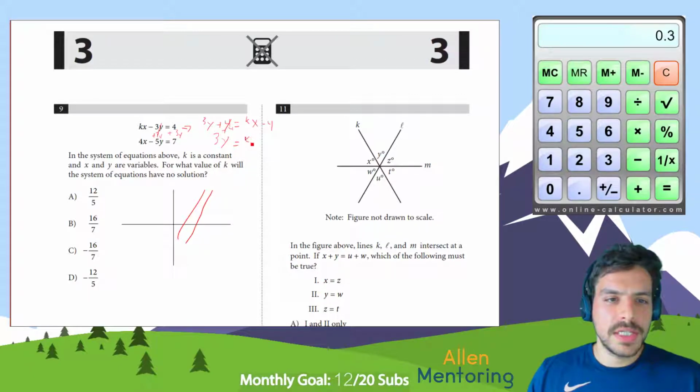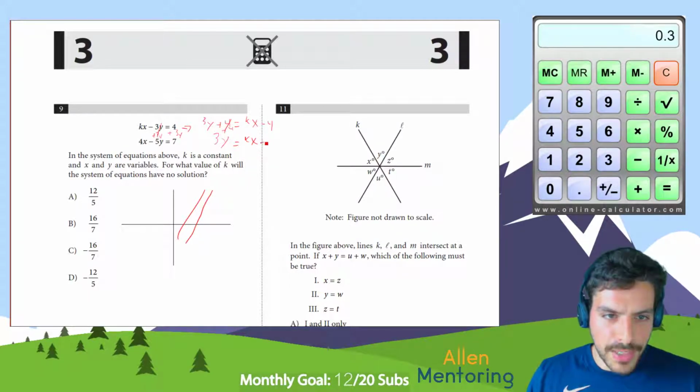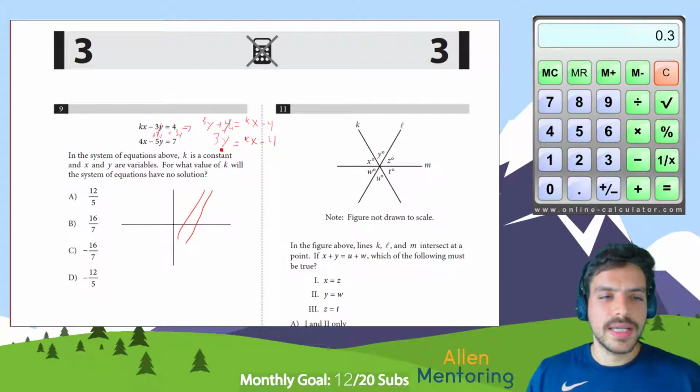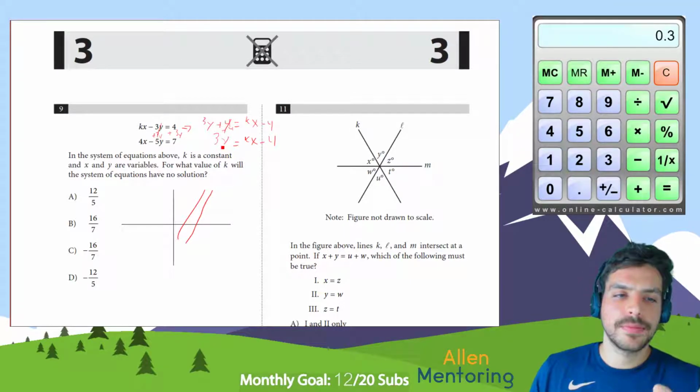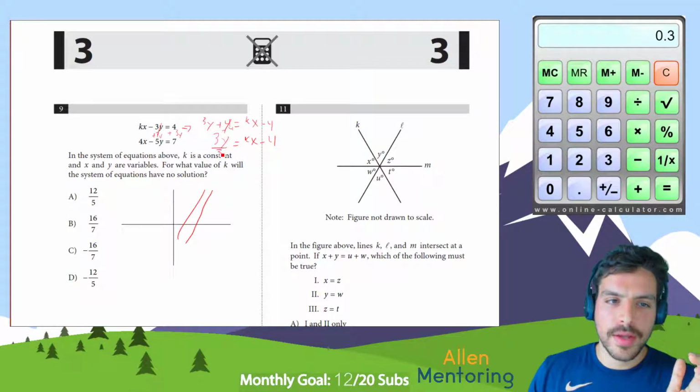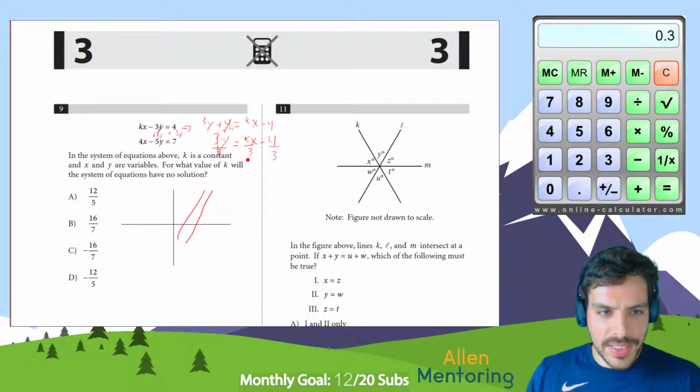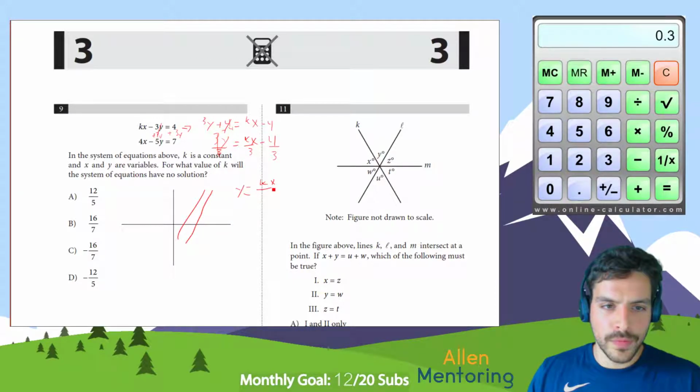So 3y is equal to kx minus 4. And lastly, I want to isolate just y. So I'm going to divide everything by 3. Okay, everything's going to be divided by 3. And so now I see here that y is equal to kx over 3 minus 4/3. So that is my first equation.